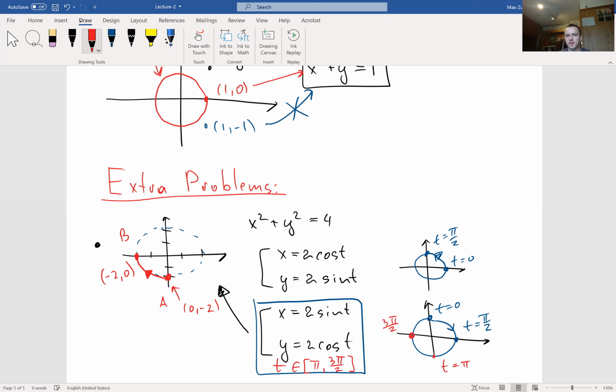So basically, if I ask you to describe the movement of a particle following some path, first you need to find a parameterization that has the same orientation, like direction, as the path that I ask you to do, and then you just need to restrict your t, and that's it.